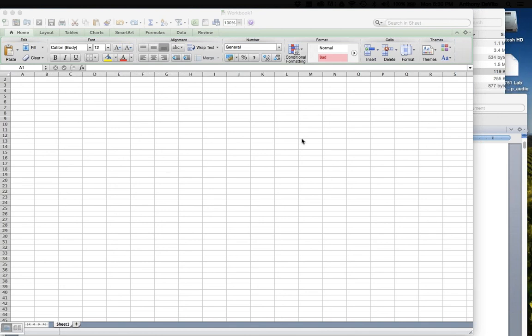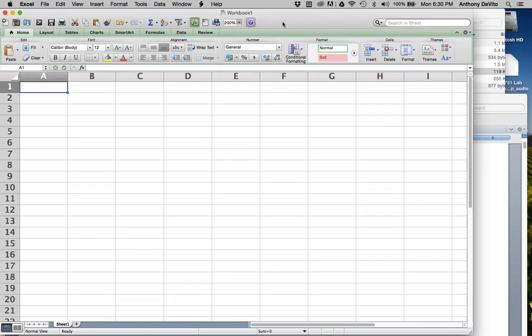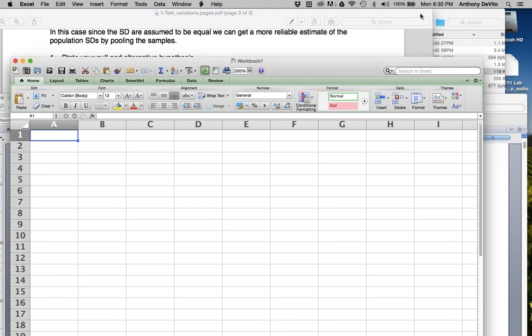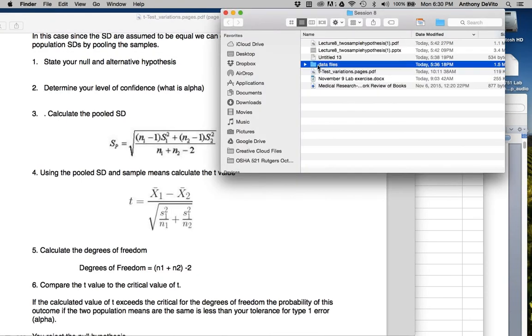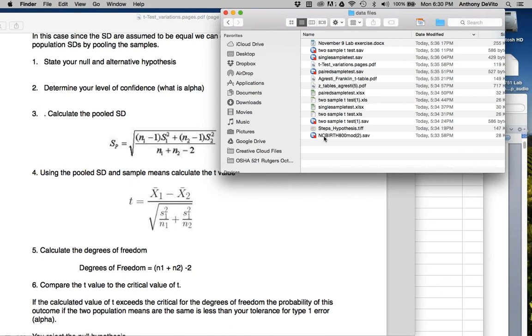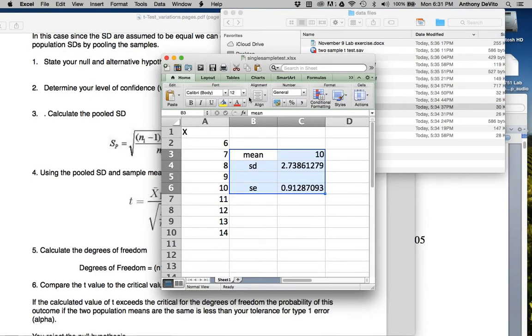Okay, good. Let me zoom into this. I think I gave you the single sample test file. That looks like the same numbers.